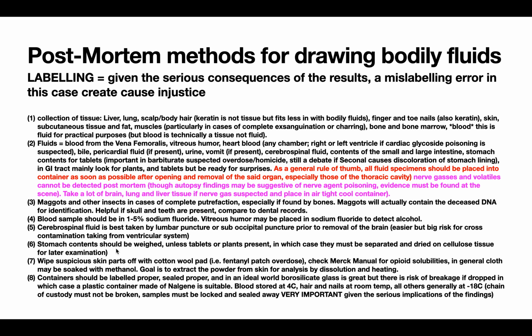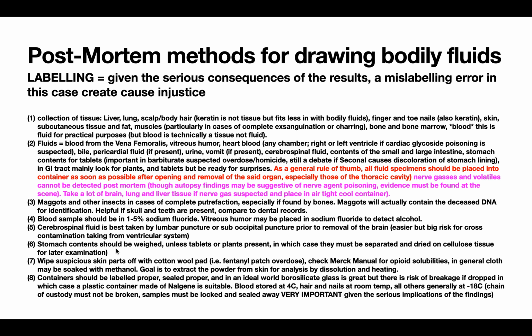The goal here is to extract powder from the skin samples by dissolving it and heating and extracting the powder for laboratory analysis. Again, containers, this is obvious, but they should be labeled properly and sealed properly.